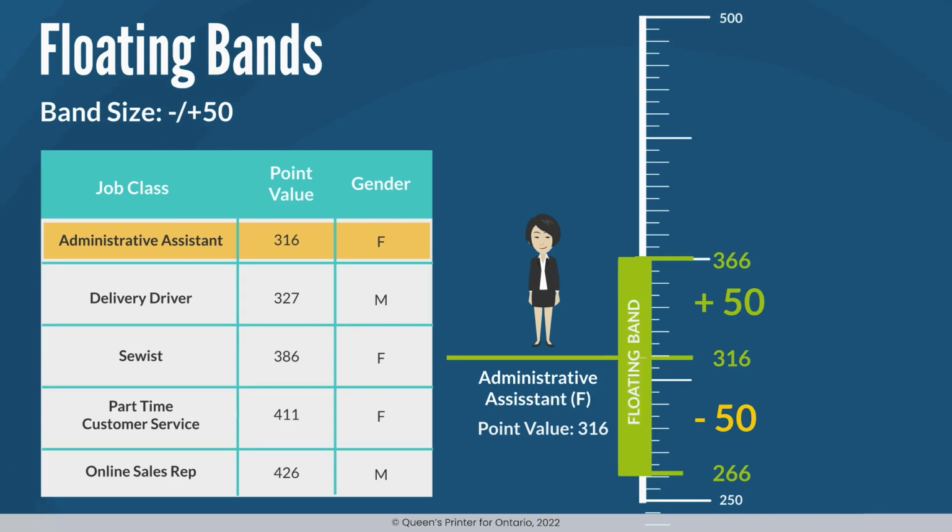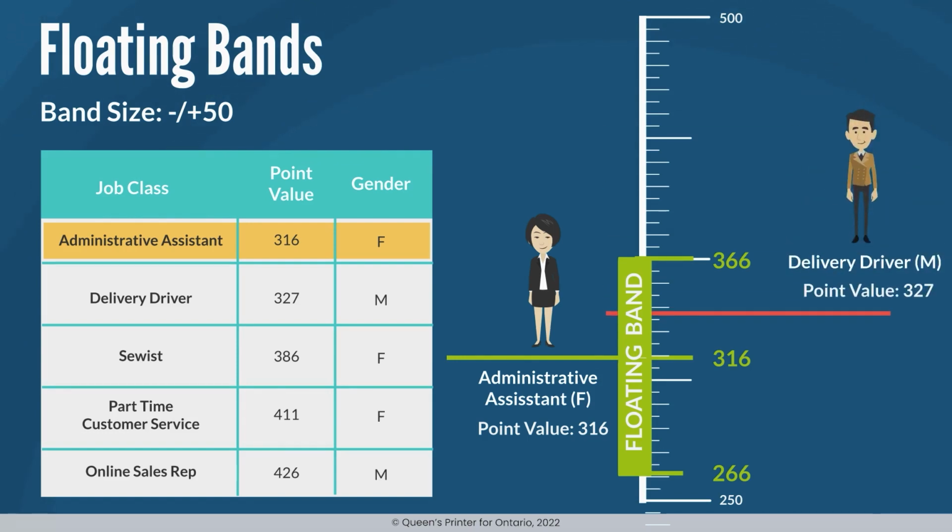In other words, the band floats 50 points above and below this job class's point value of 316. So a floating band of 50 points is actually 100 points in total size. Now we can see that the delivery driver with 327 points fits between 266 and 366 points, so they're both still in band 1.